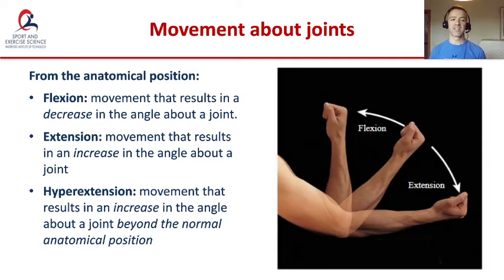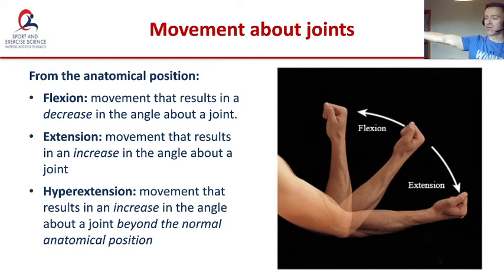Flexion results in the decrease in the angle at a joint, and extension results in an increase in the angle at a joint. So if you see my arm now, I know this is not the anatomical position, but just because of what I can fit into the video there. If we look at my arm, my arm is straight at the elbow joint, so we've got an angle of approximately 180 degrees, a straight line there.